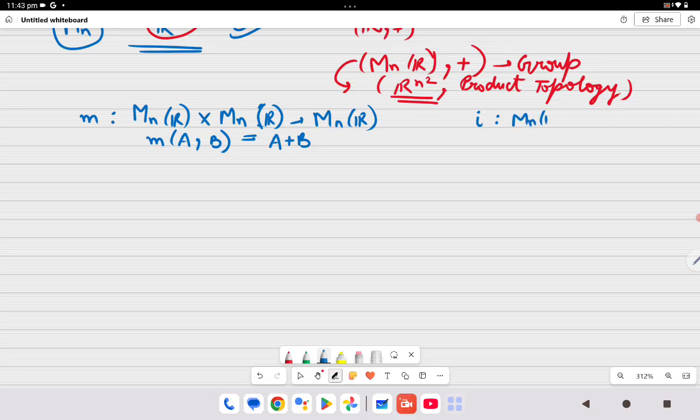It is from MnR to MnR, where I of A is equal to minus of A.